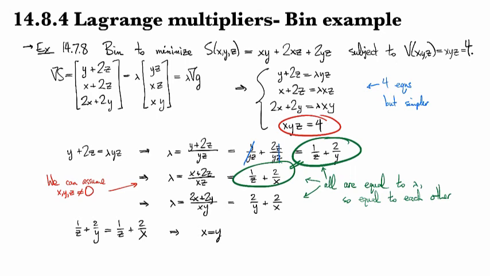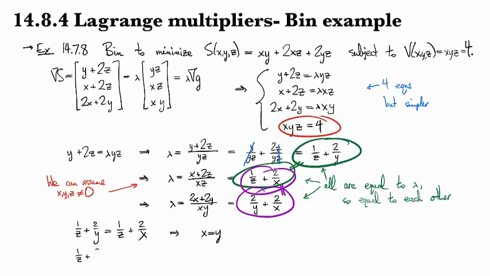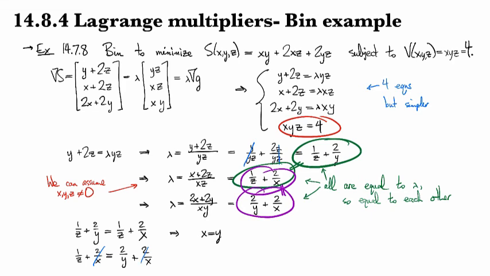Then I can also use the fact that this equation and this equation are equal. And so looking at that equality, I have 1 over z plus 2 over x equals 2 over y plus 2 over x, and cancel those guys, and I see that y is equal to 2 times z.